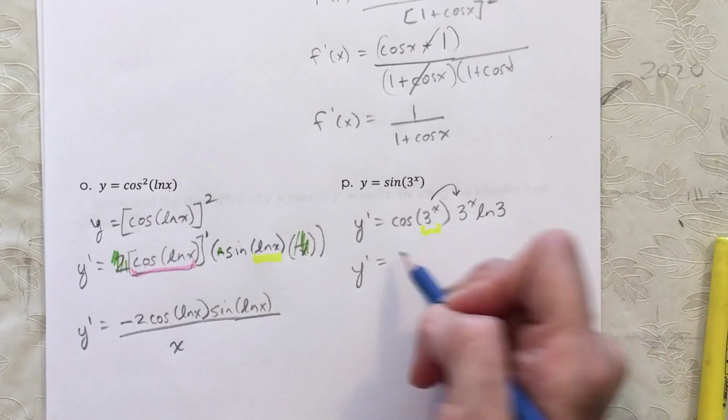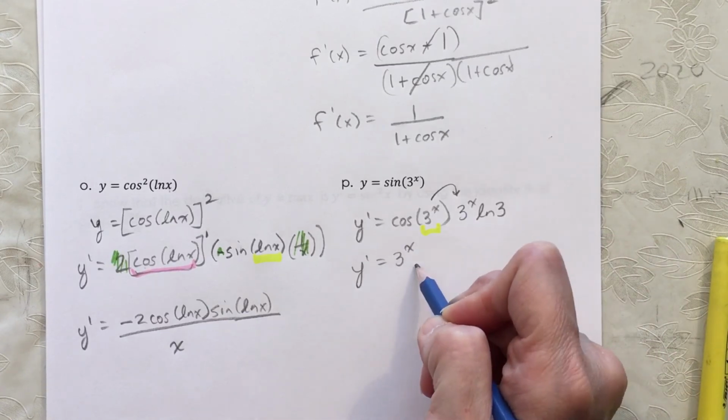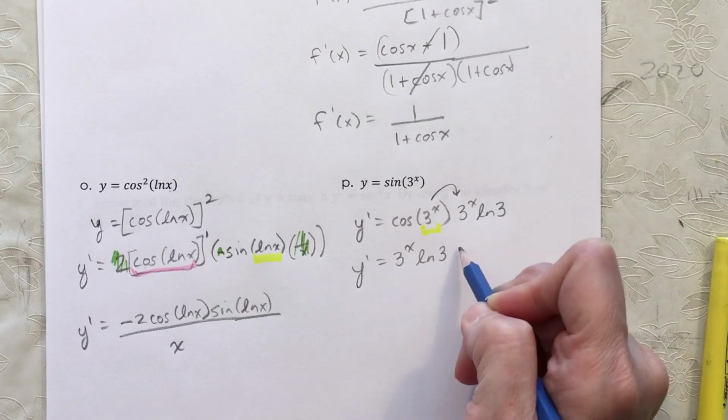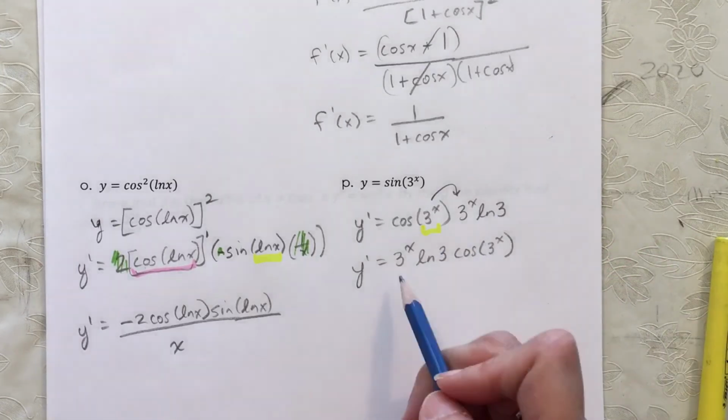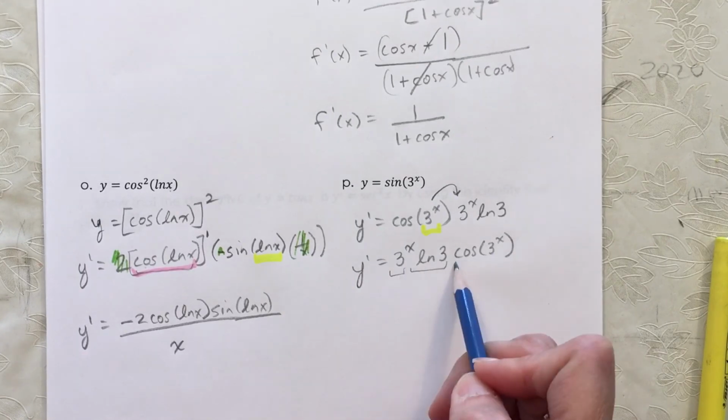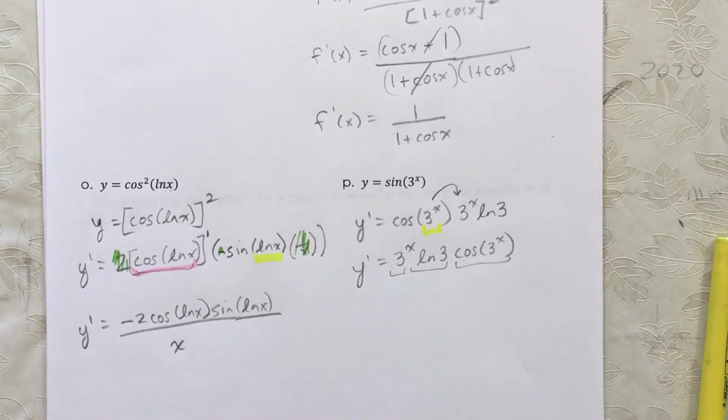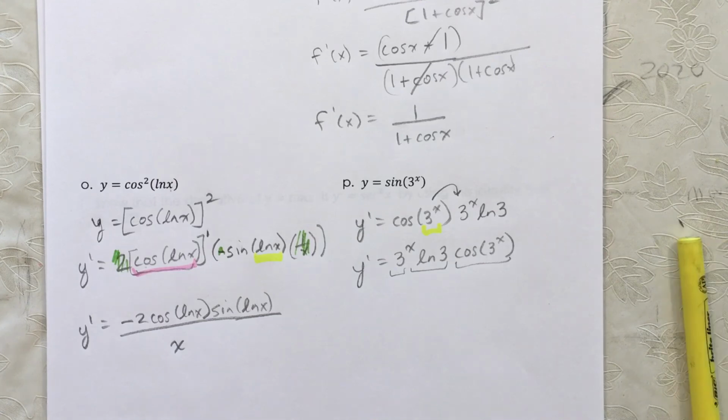So it would probably be written with the 3 to the x first, then the number ln 3, then cos of 3 to the x. So that's 3 things multiplying together, they can't be combined any further. And that would be your answer.